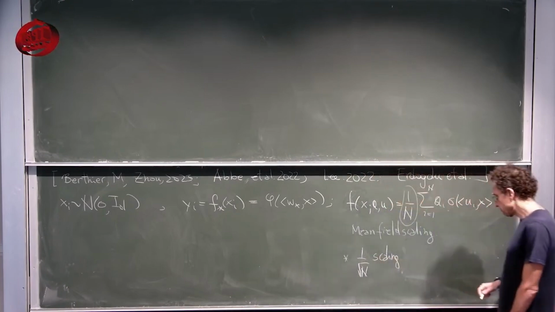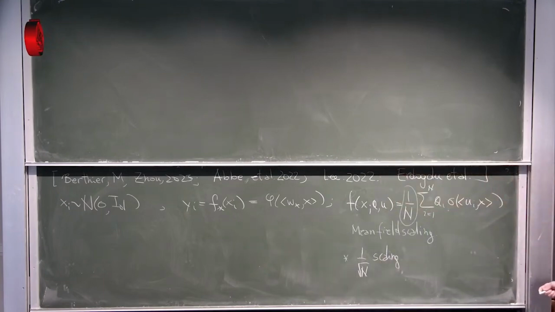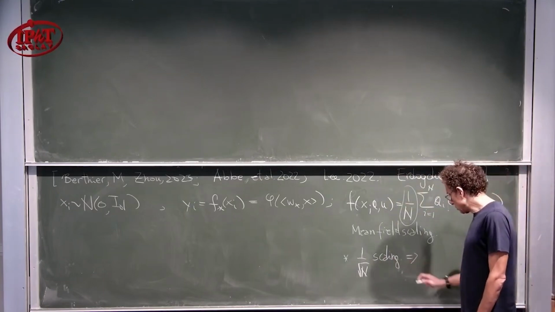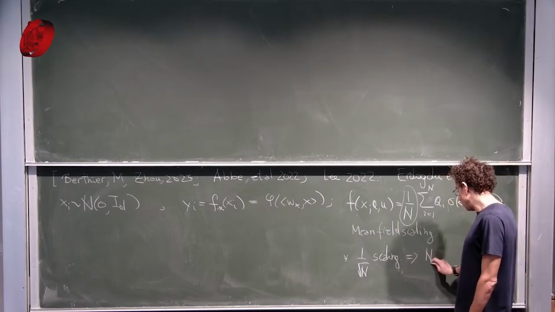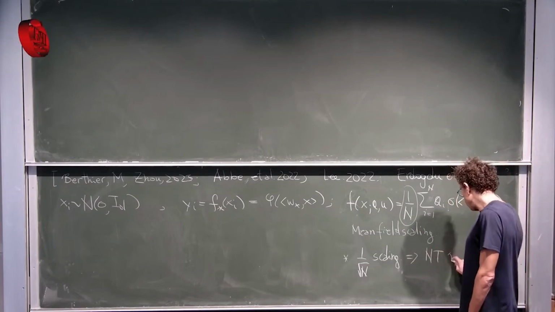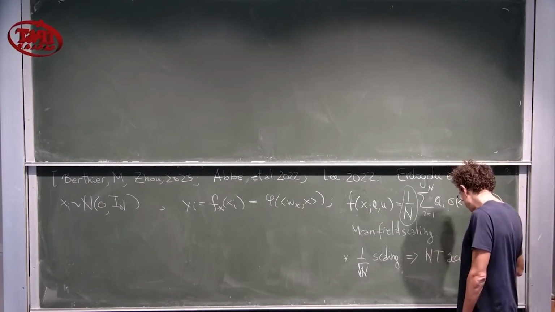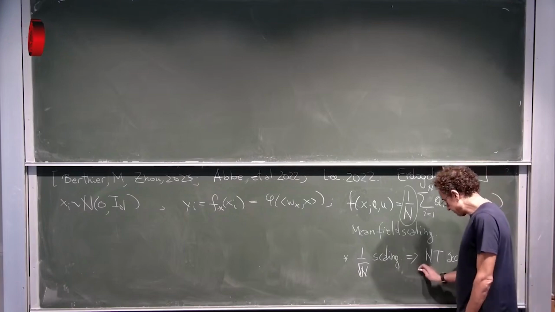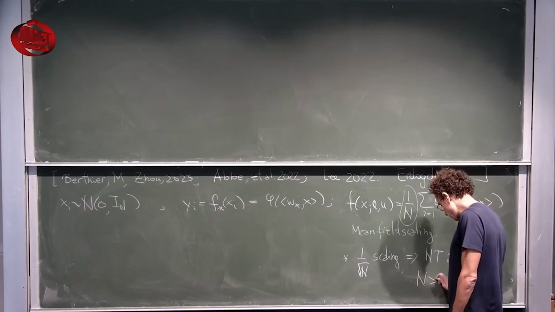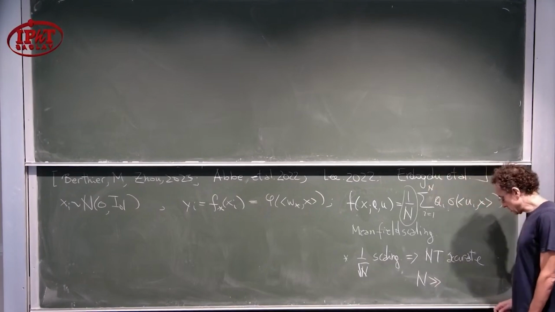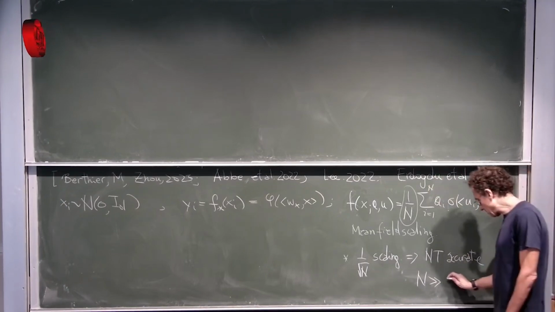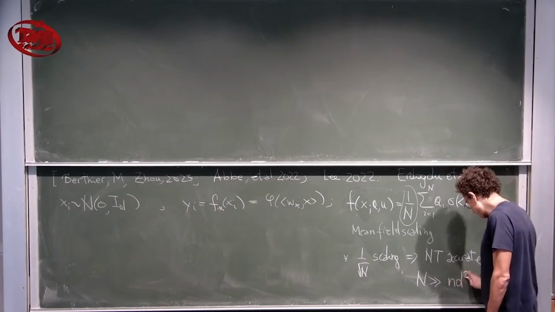that is more common somehow, then it's known that the neural tangent approximation is accurate for n large enough. And large enough means, if I remember correctly, n squared.